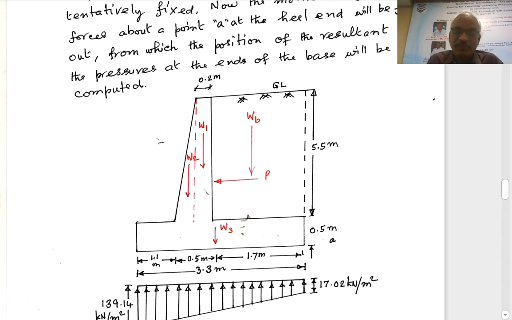Now we will consider the point A at the right hand side, that is the bottom of the heel slab at the right hand end. We will take moment of all the forces about the point.